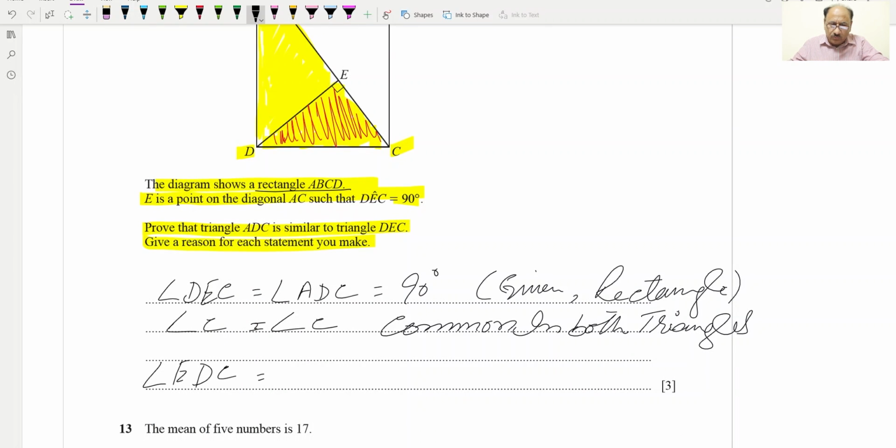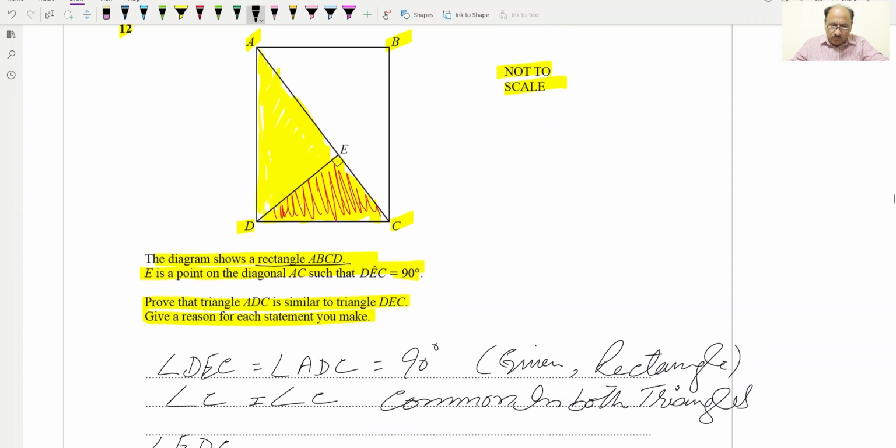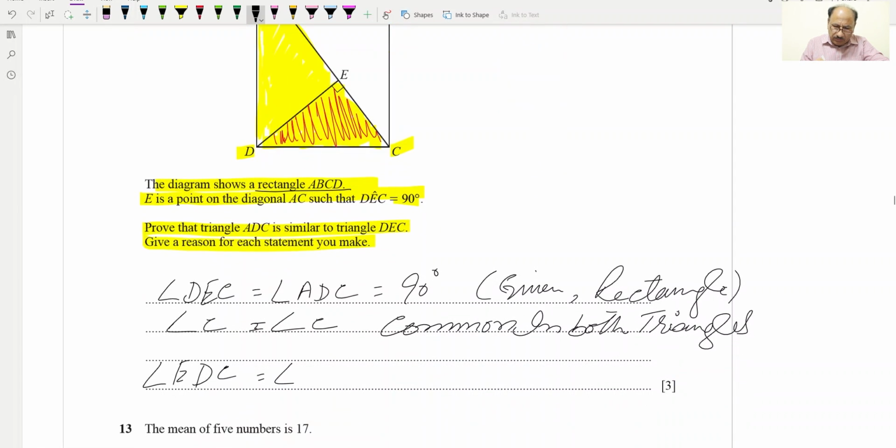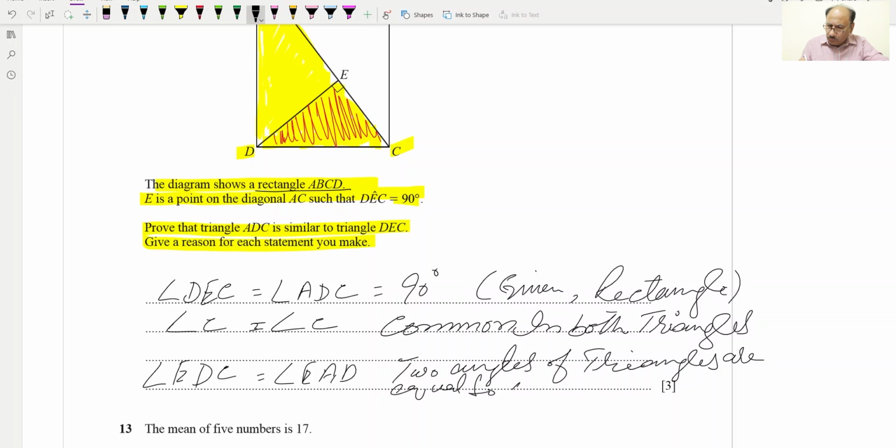And angle EDC we can write as equal to angle EAD. Two angles of the triangles are equal, so the third angle will also be equal.